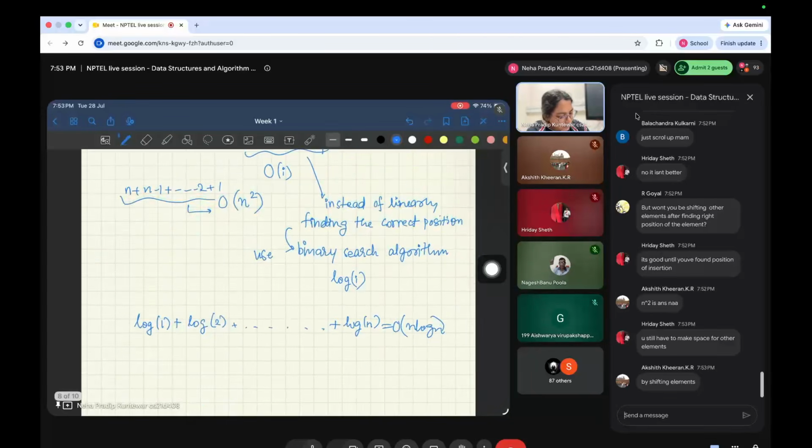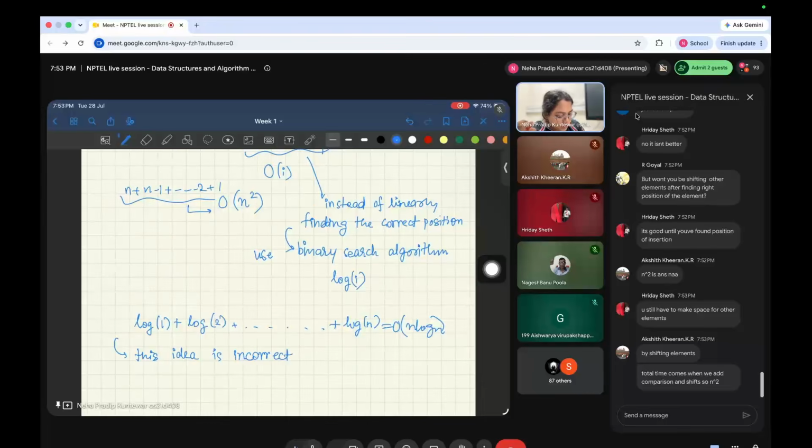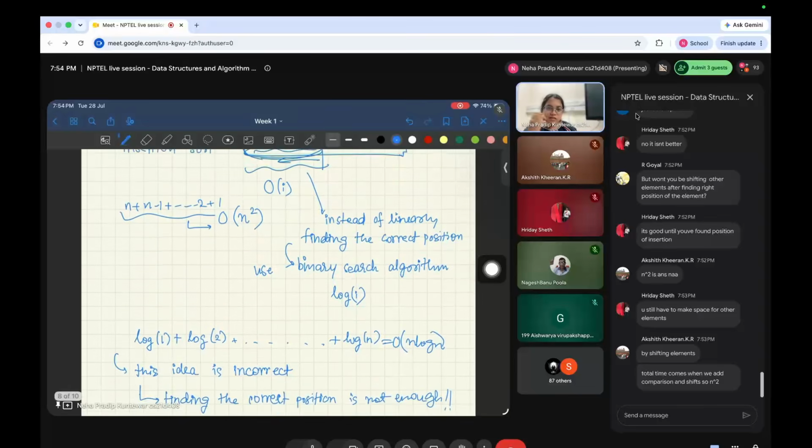So the issue is that finding the correct position is not enough. This is an issue because the data structure that you're dealing with is an array.